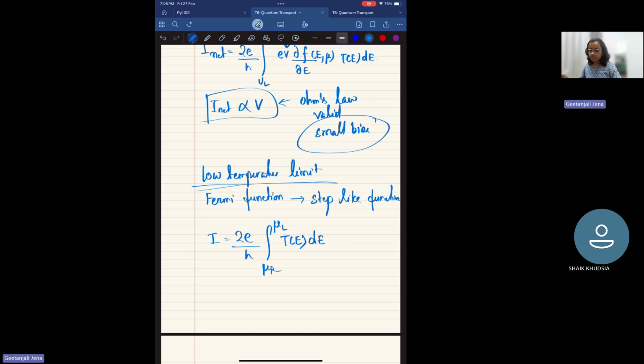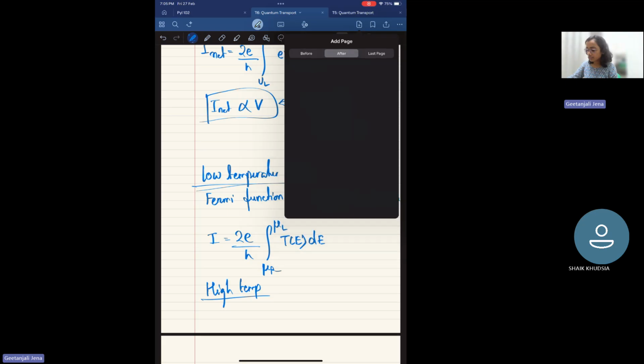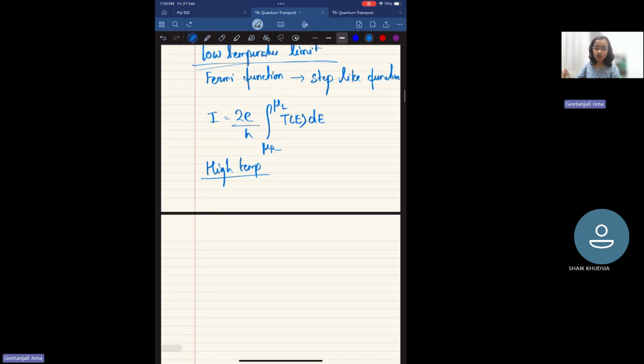And in the low temperature limit, if we recall, the Fermi function derivatives are highly localized, they highly peak at a sharp value around the Fermi energy level because it's a very, very low temperature. So for this case, the partial derivative you can write as a delta function because it's showing a peak value around the Fermi energy.